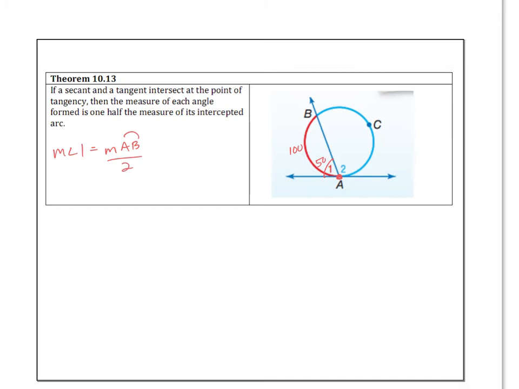And we can say the same type of thing for angle 2. The measure of angle 2 is going to be the measure of arc ACB divided by 2. So if arc ACB is 260, then angle 2 would be half of that, or 130.